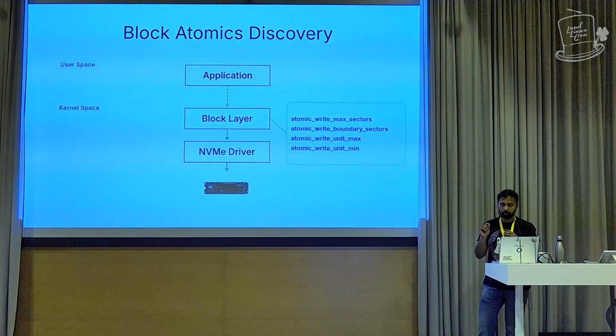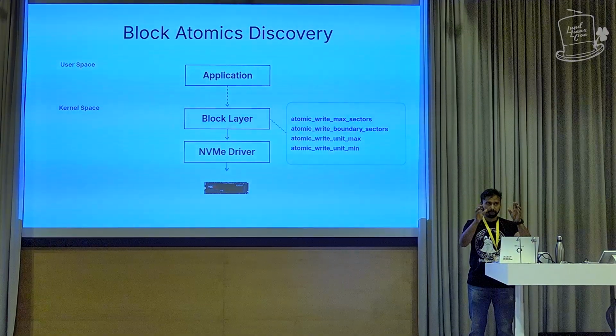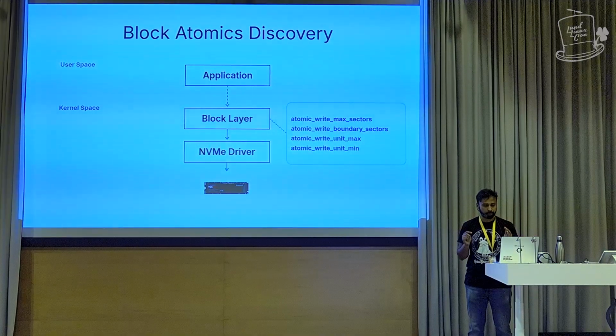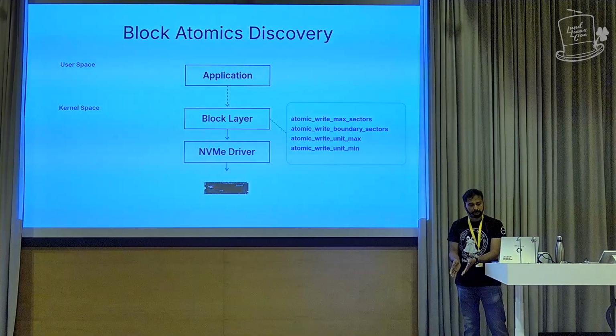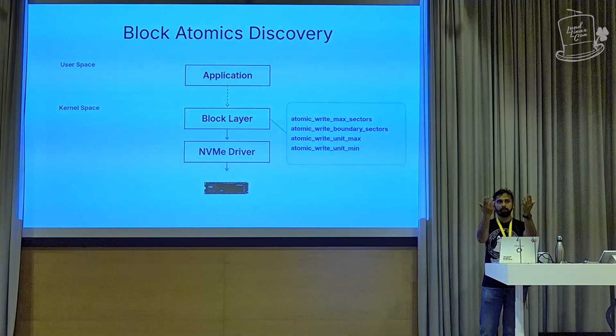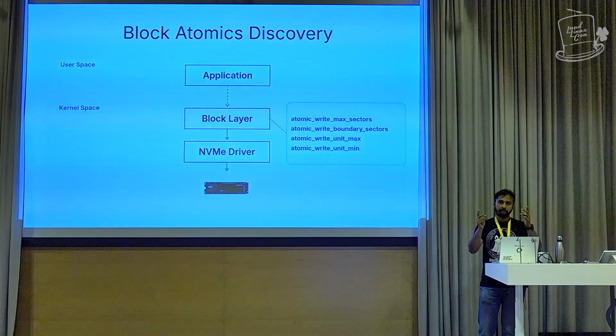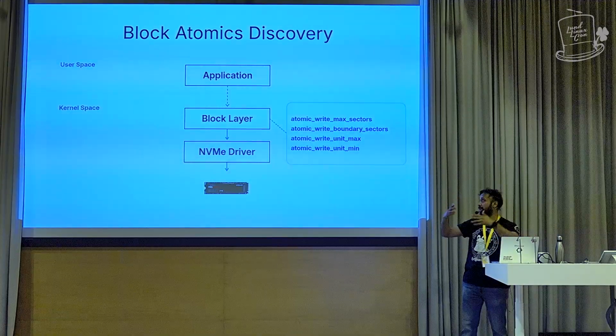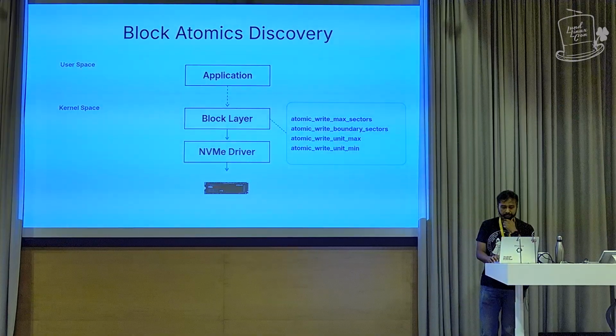The point here is that the block layer recalculates whatever the device exposes and caps it to a place where it can for sure submit a single BIO to the device, and the BIO will not be split at any point in time. That's the guarantee you give to user space, because if the BIO splits, one BIO goes in and then power goes off, you're not giving the guarantee of atomics.